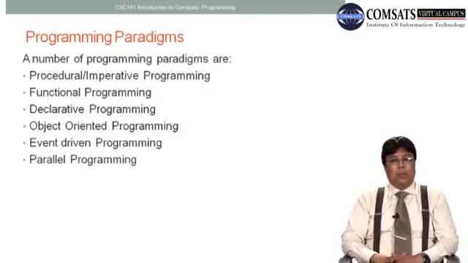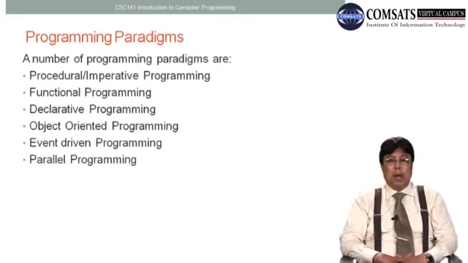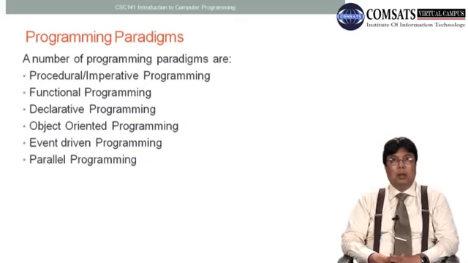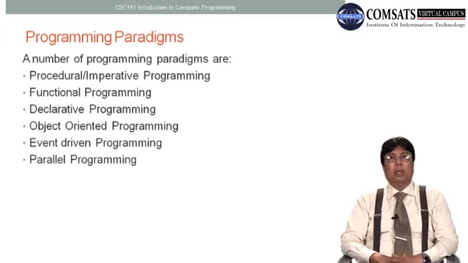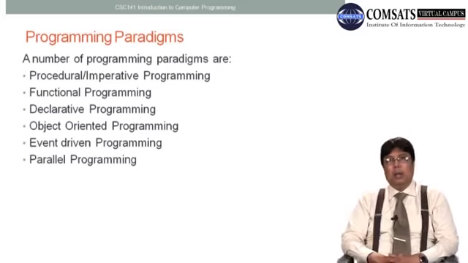So in the previous slide we could see different programming paradigms. These are procedural, imperative programming, functional programming, declarative programming, object-oriented programming, event-driven programming, parallel programming, and a few more.